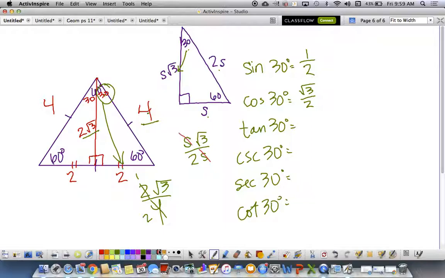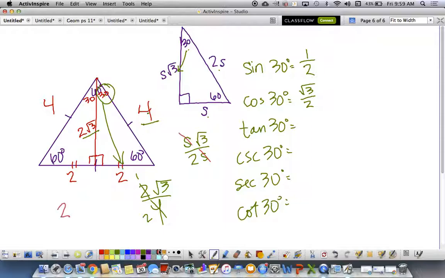Do you have all these answers? I have the tangent. What's tangent 30? Opposite over adjacent.